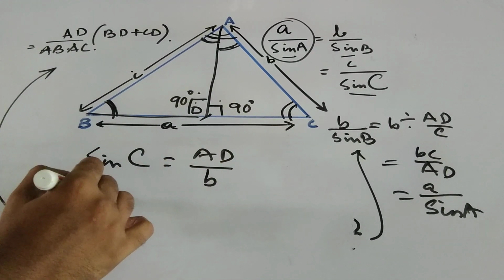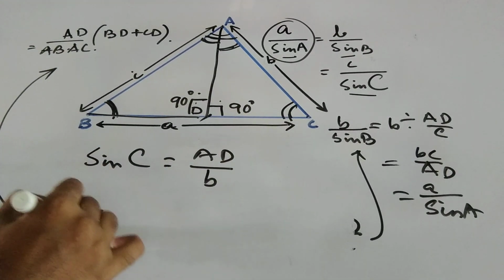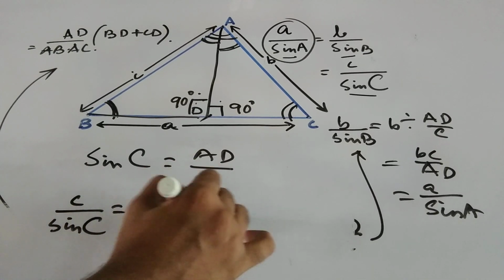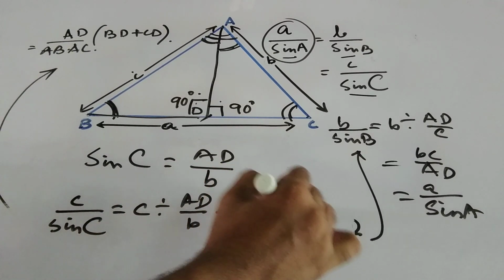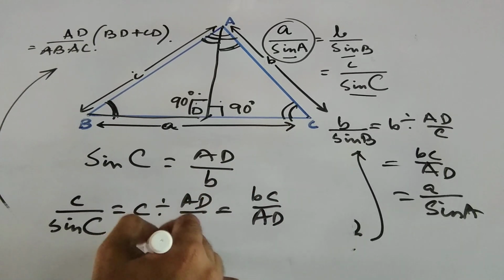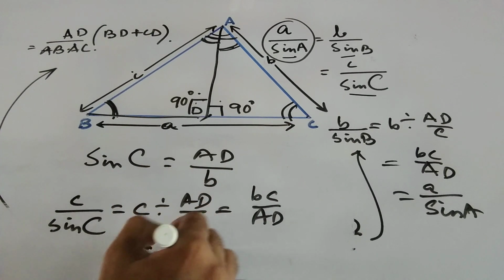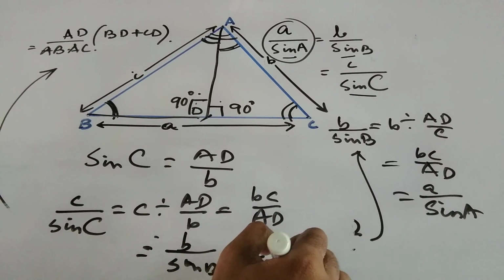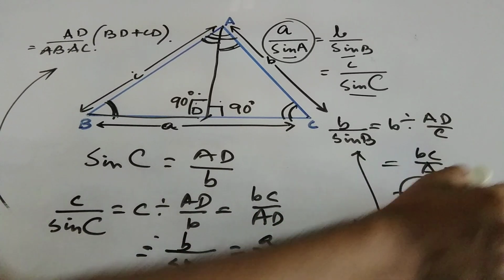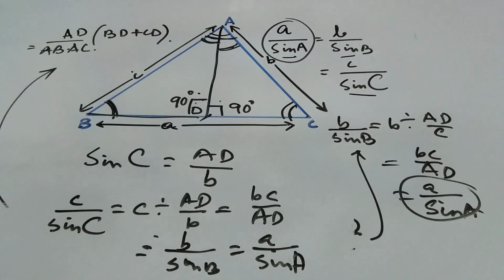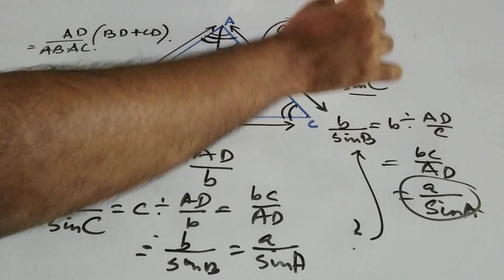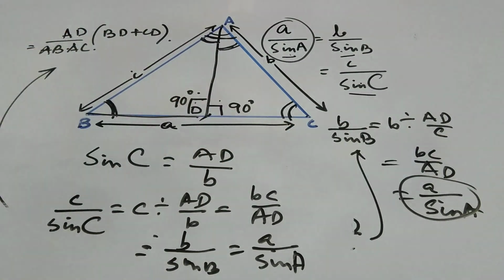That means c by sin C equals c divided by AD by b, which equals BC by AD, which is the same as b by sin B equals a by sin A. Already we have derived those things here, right? So finally my expressions, that is a by sin A equals b by sin B equals c by sin C, is getting proved.